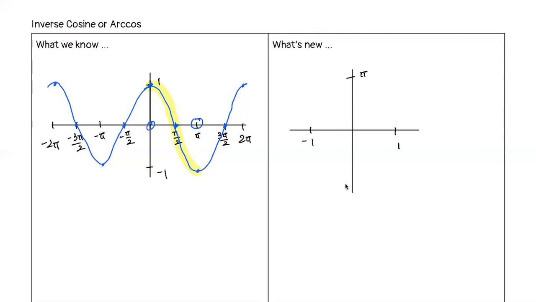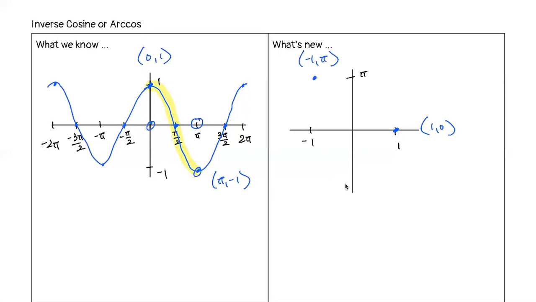And if we take the coordinates and flip them like we did the last time, this is 0, 1. So that's going to be 1, 0. So that becomes this point, 1, 0. And this point down here is pi, -1. So then it switches to become -1, pi, or up here.